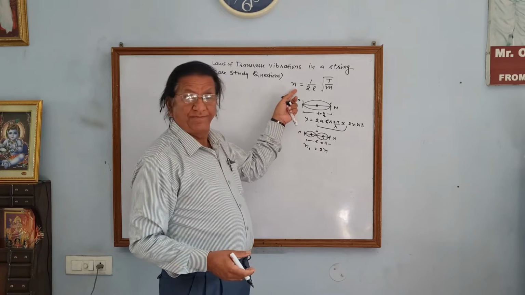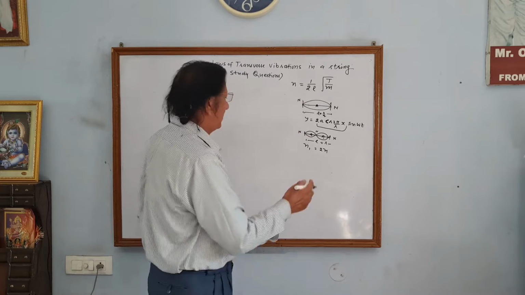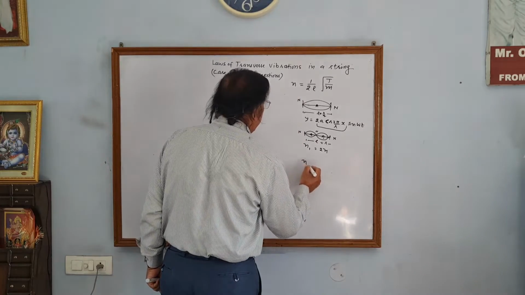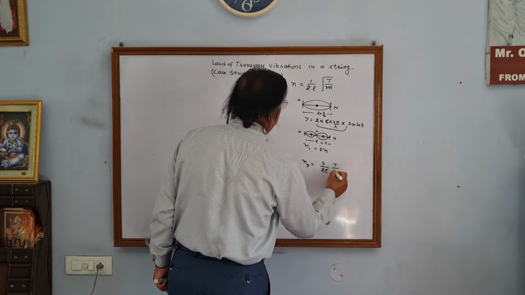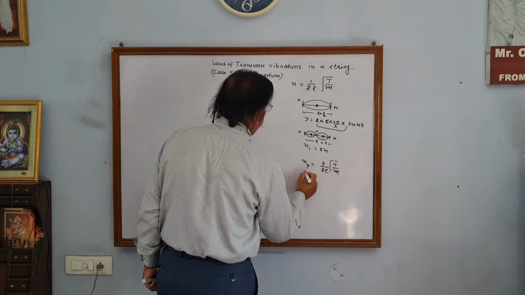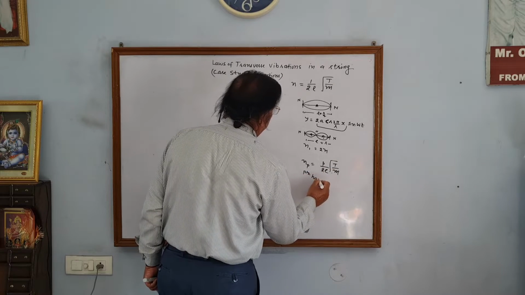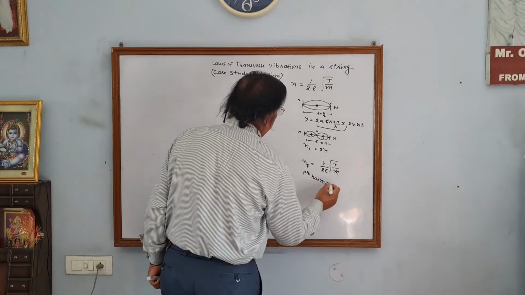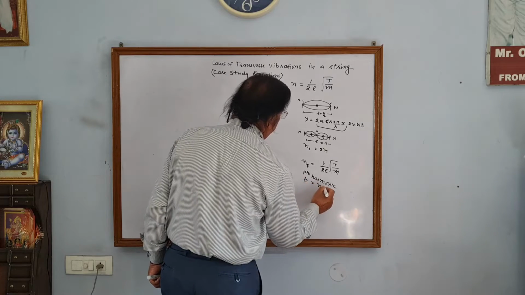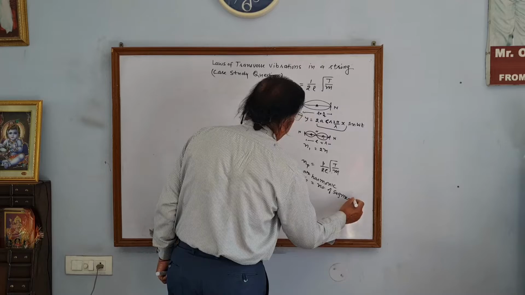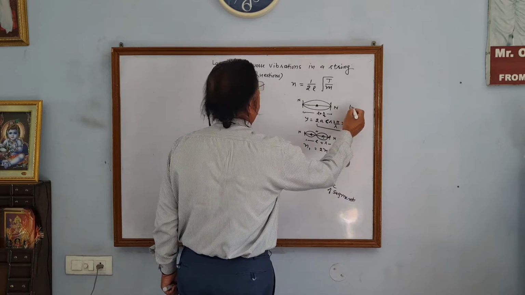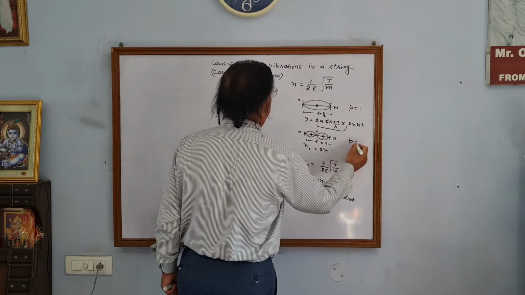The common formula for that was n_p is equal to p over 2L under root T by m. This was the pth harmonic. p was the number of segments, number of loops. Here p is 1, here p is 2.